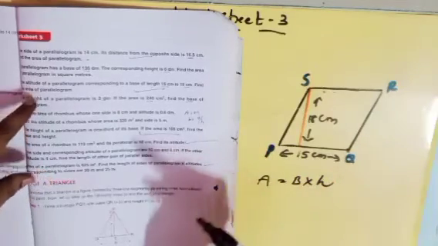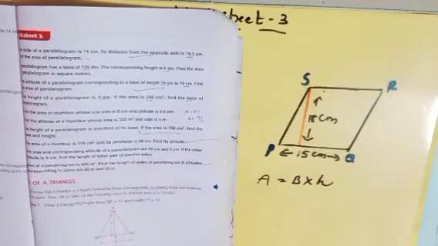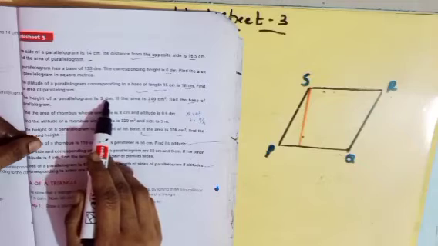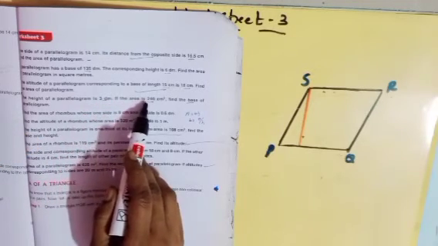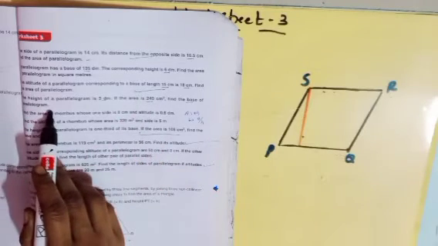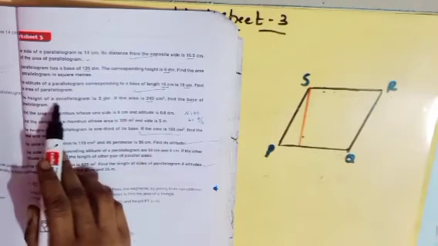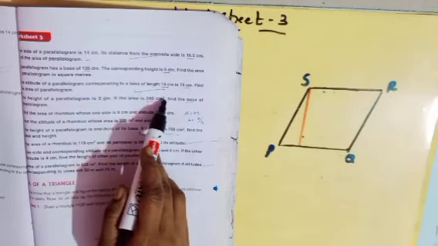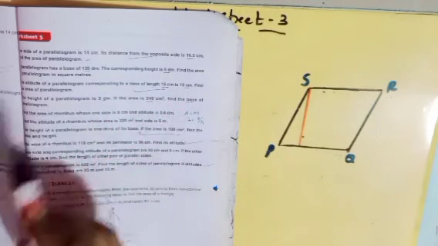So let us solve the next one. Fourth one. The height of a parallelogram is 3 decimeter. If the area is 240 centimeter square, find the base of the parallelogram.